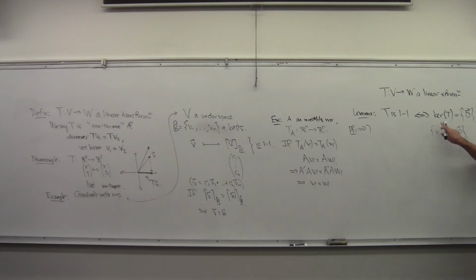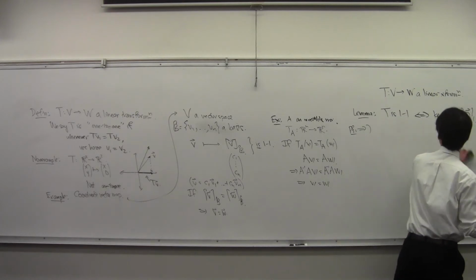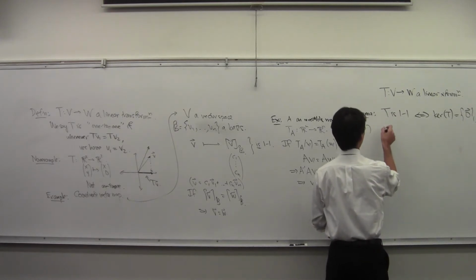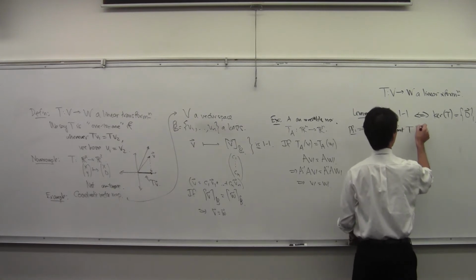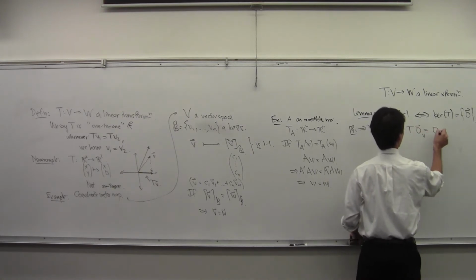Okay. So we're trying to show that the kernel is 0. In other words, that the only thing that this guy sends to 0 is 0. Okay? So we need to do a little bit of translation. What does this mean? We want to say that 0 is sent to 0, and it's the only thing that's sent to 0. So first off, notice that T of 0 is 0.